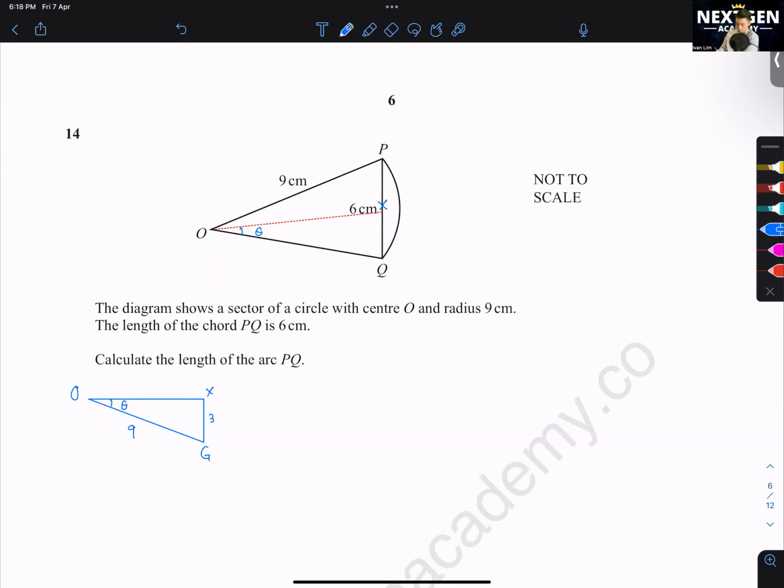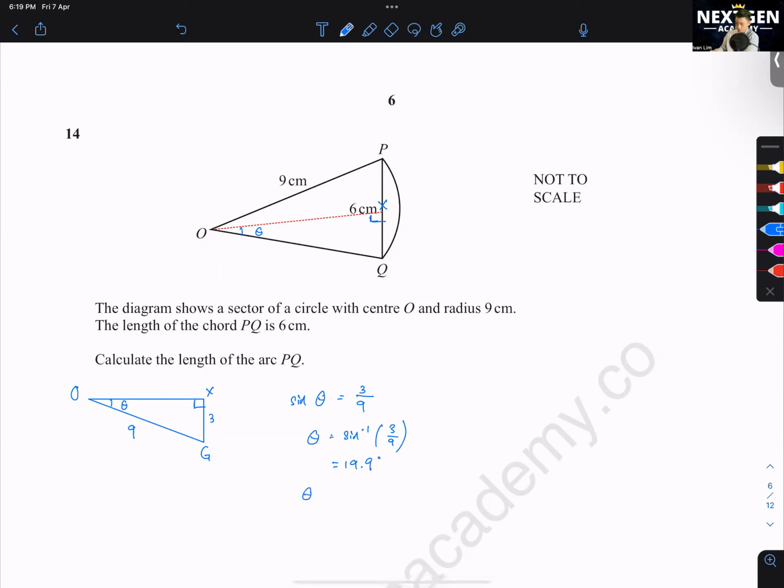Since this is 90 degrees, so I got sine theta is equals to 3 over 9. Theta will be arcsine 3 over 9. Type in your calculator, you get 19.9 degrees.